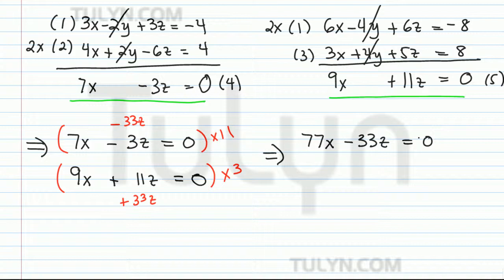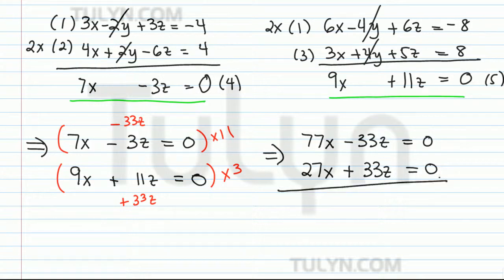Remember, 0 times anything is 0. In the second equation, we get 9 times 3, that's 27x, plus 33z is equal to 0. Now adding these together, we get 104x, the z's cancel out, is equal to 0. And the only way that can be true is if x itself is equal to 0.